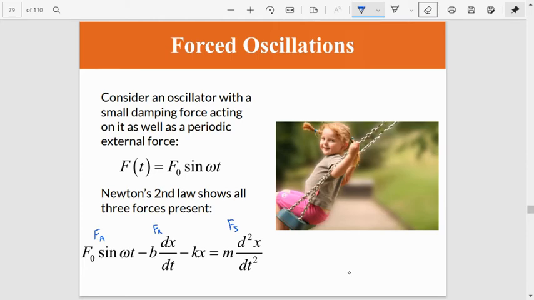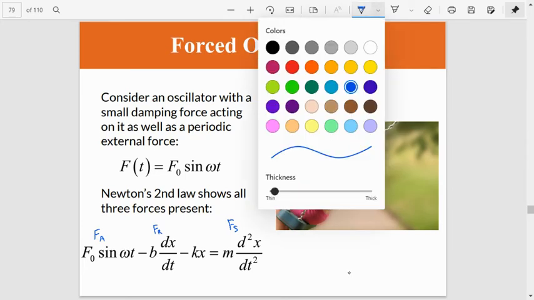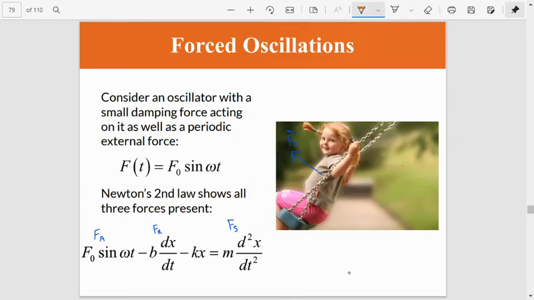So right, in the case of the kid on the swing, the swing is essentially a pendulum, right? So you can imagine there's a restoring force one way and a damping force the other way.